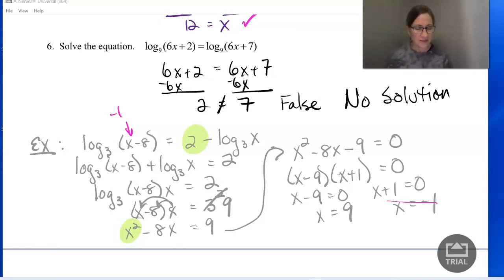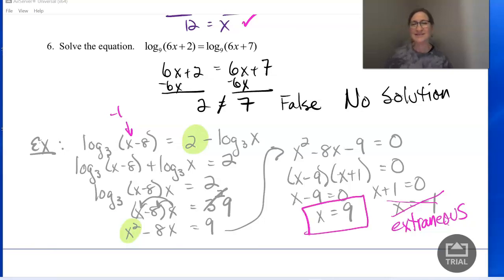So this x equals -1 is not part of our solution. We call it extraneous. All right, so our only solution is x equals 9. That happens sometimes. That's why I wanted to do that one so you could see it.